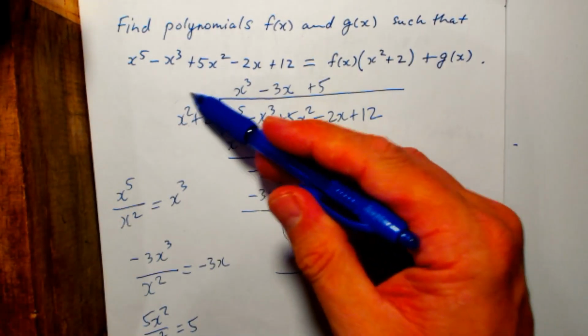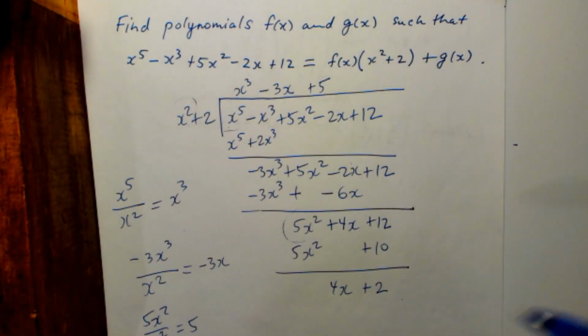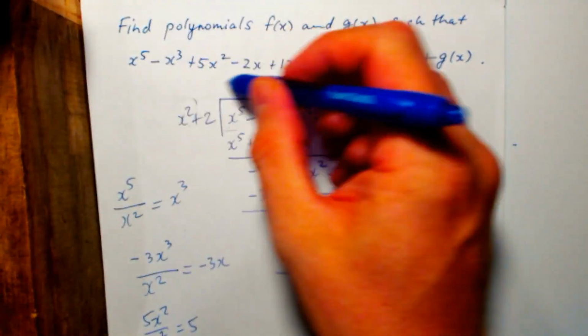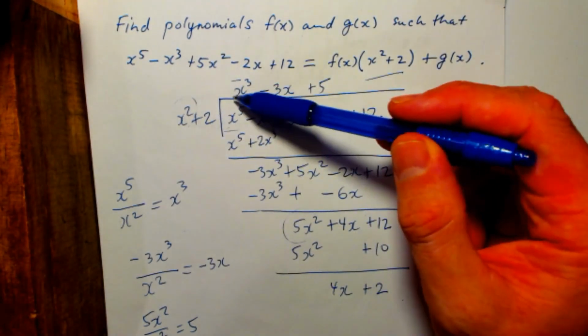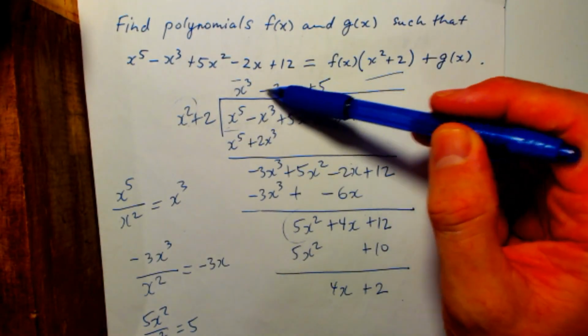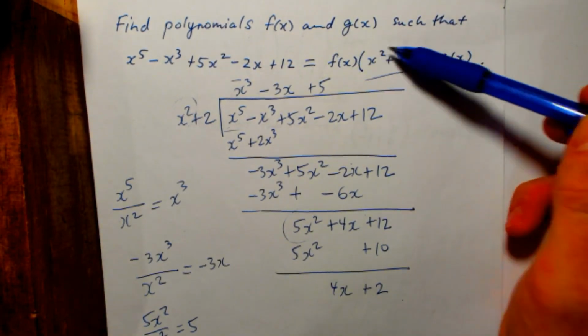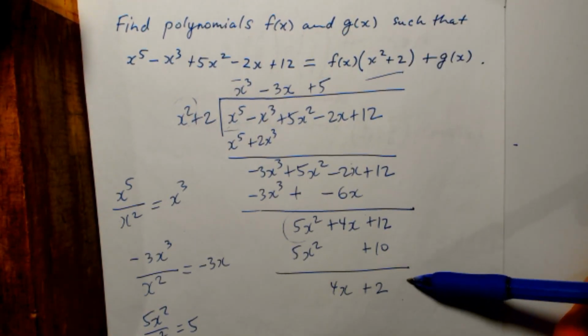Now notice that this does not divide into this. We do not have a 0 remainder. So what this means then is that this times this equals x cubed minus 3x plus 5 times this, and then plus this, that's that one.